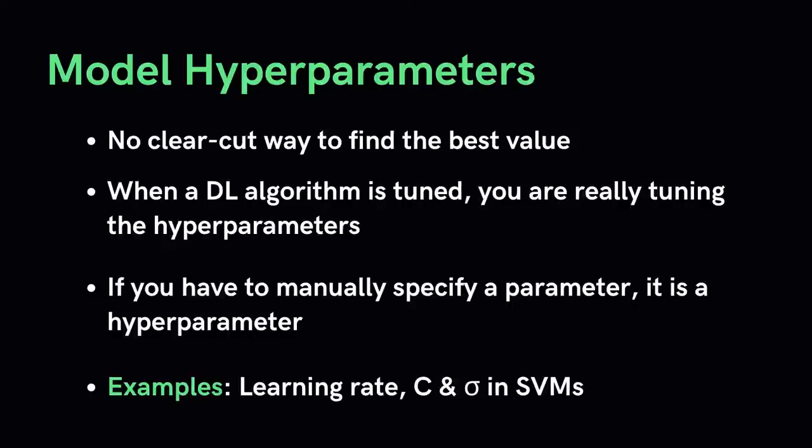We may use rules of thumb, copy values used in other problems, or search for the best value by trial and error. When a machine learning algorithm is tuned for a specific problem, such as when you're using grid search or random search, then you are in fact tuning the hyperparameters of the model in order to discover the parameters that result in more skillful predictions.